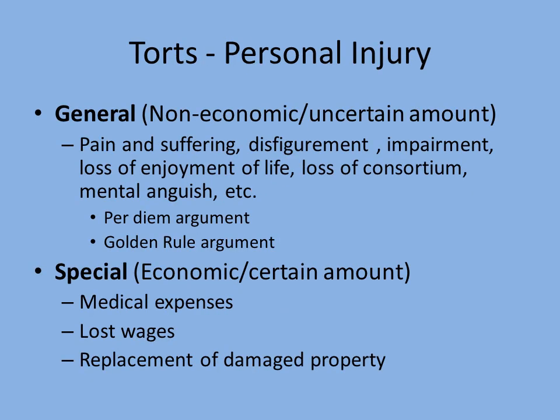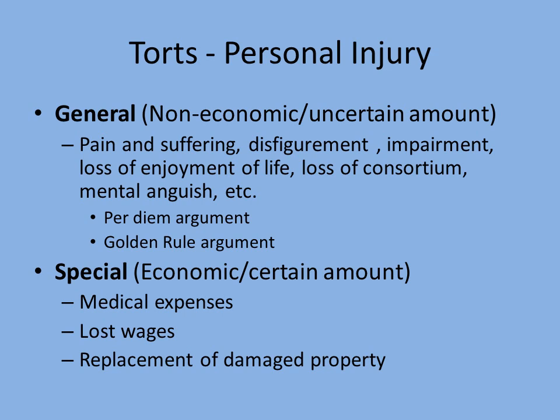Now, this is where it gets a little confusing with the general and special. Just try to learn the general flow of it. Torts and contracts have a little overlap, but where they don't overlap is where you've got the personal injury. Now, with personal injury, you've got your general damages, which are normally non-economic because they're uncertain as to the amount.